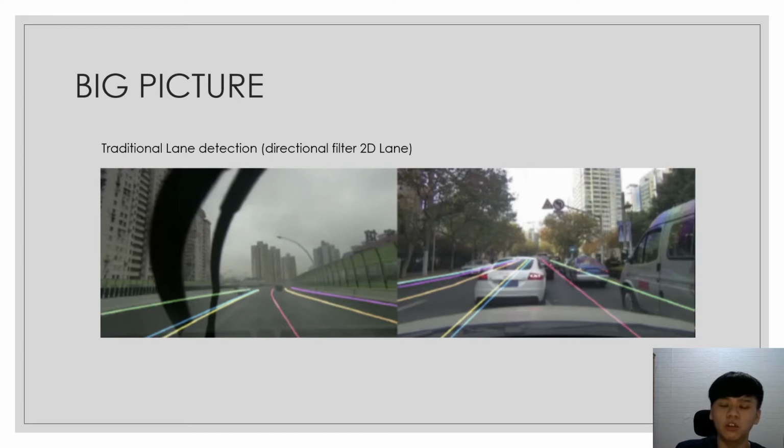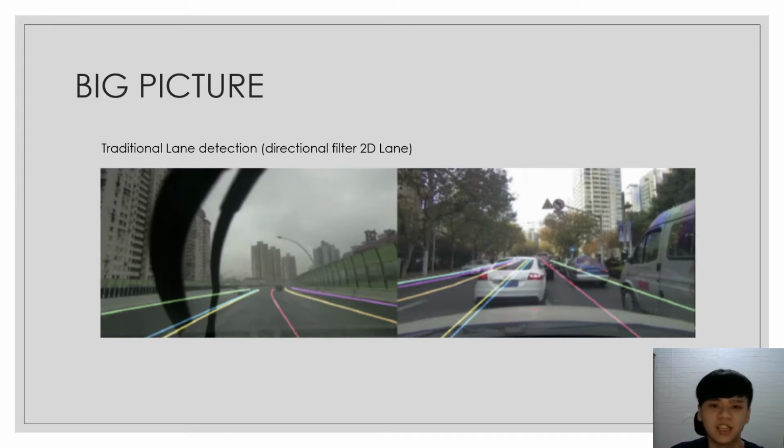But in the older or traditional methods for lane detection, they just make an assumption that all of the lane is flat, all of the lane is in 2D. And in here, we wanted to take it to another level where we know if there is some slope in the road. And of course, we are using more advanced methods to achieve this.